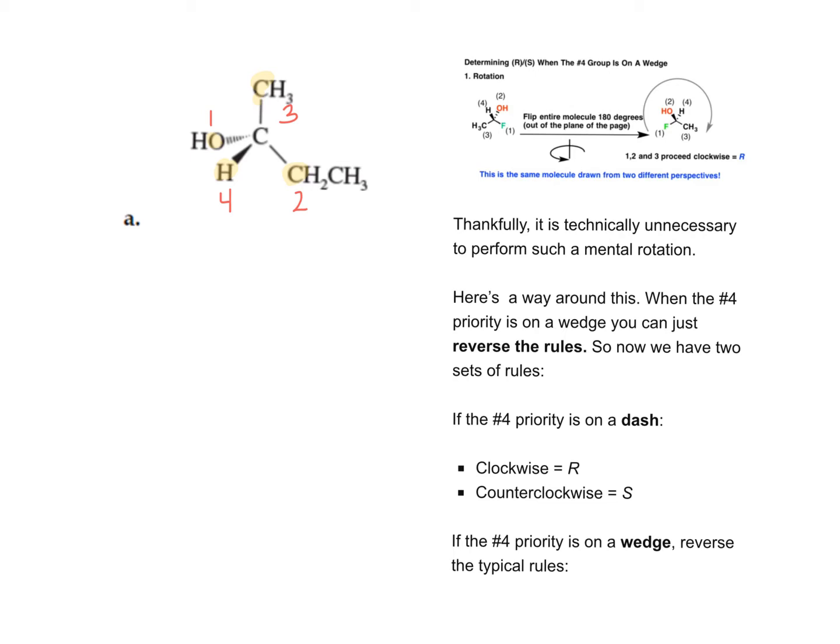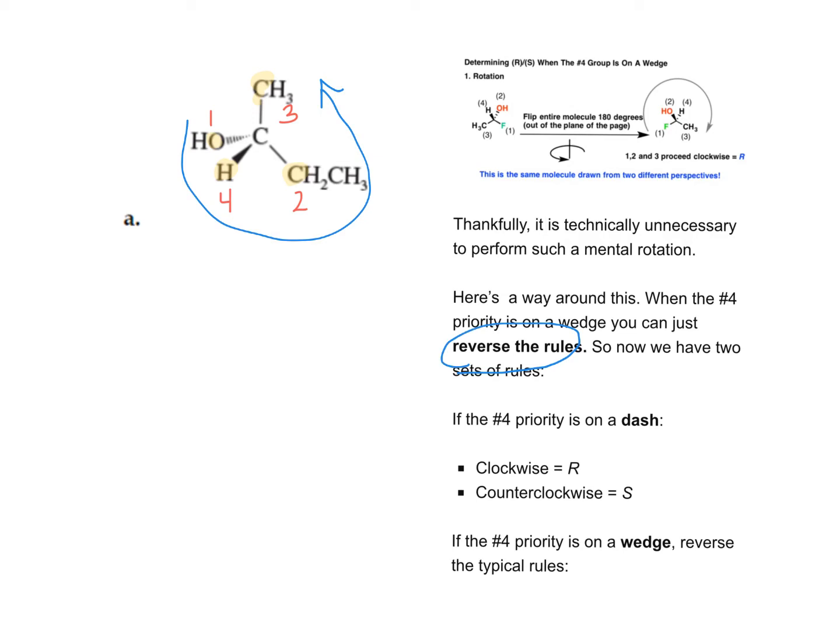So the way we have it drawn right now, if we were to draw an arrow that followed priority 1, 2, 3, we would assign this as an S. But since we have our lowest group on a wedge instead of on a dash, we want to reverse the rule.